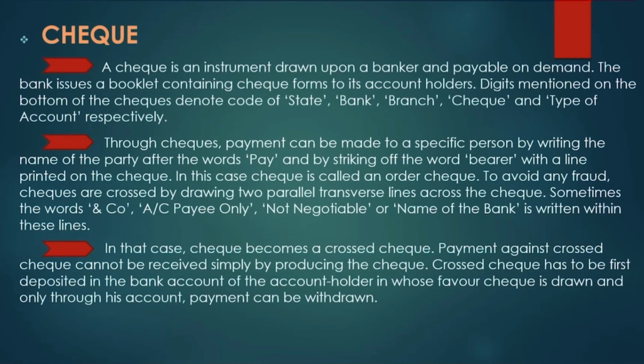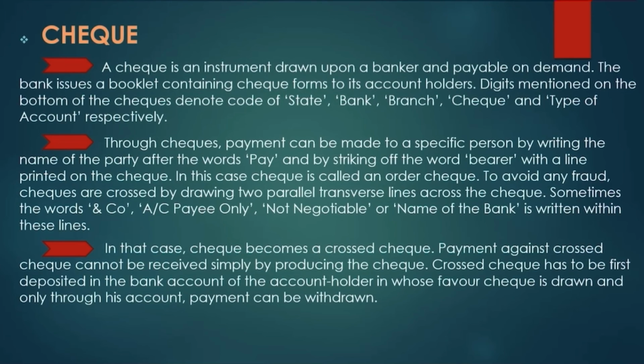Through checks, payment can be made to a specific person by writing the name of the party after the word pay and by striking off the word bearer with a line printed on the check. In this case, check is called an order check. To avoid any fraud, checks are crossed by drawing two parallel transverse lines across the check.